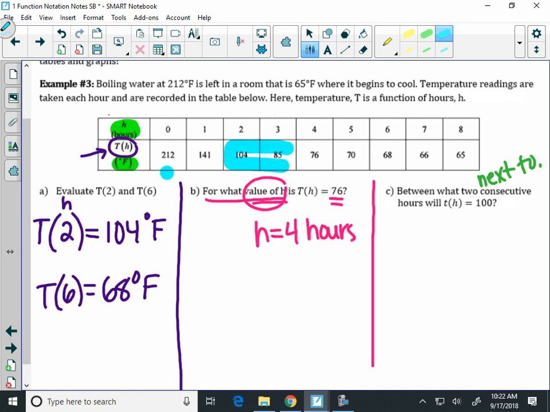So 100 degrees is going to be somewhere in between 104 and 85 degrees, which means that would happen between 2 and 3 hours. So that's how you can do function notation with the table. As long as you know what the input is, you can just look at the values that they're given.